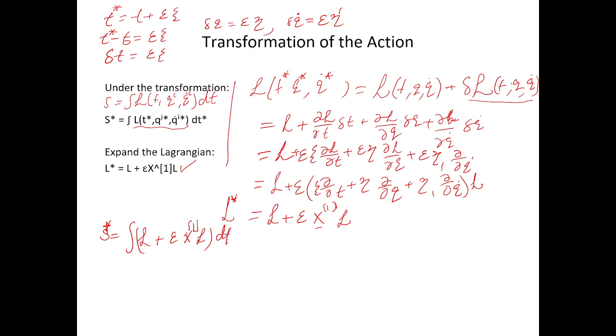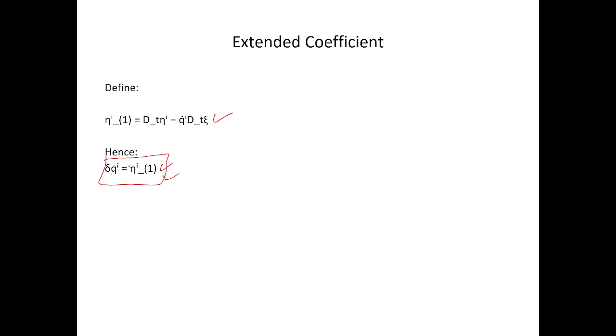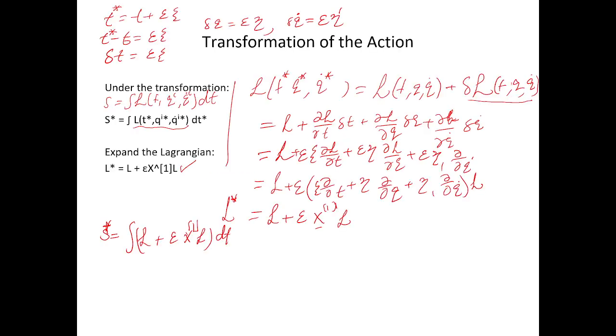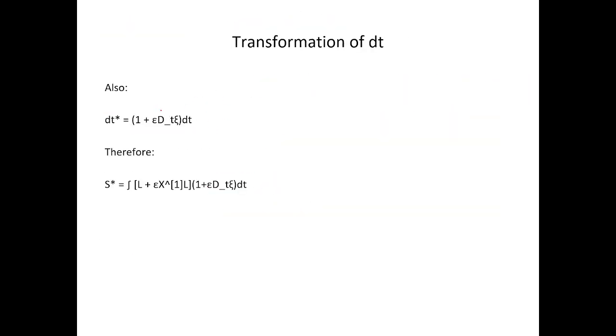This is the form of this, but with epsilon. Now we see that T star is equal to T plus epsilon xi.